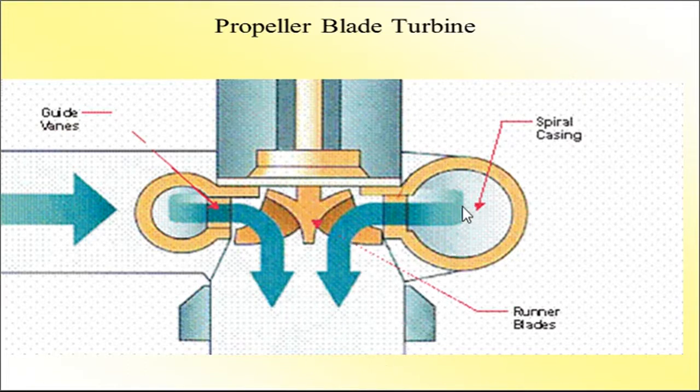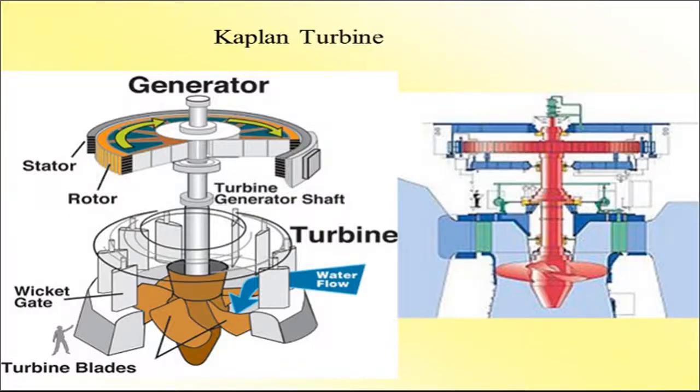So this is a casing, then guide vanes, and then it will flow through the runner. When we discuss the reaction turbines, that is Francis and propeller, at that time we will discuss in detail. This is the Kaplan turbine. Here you see, first of all water will flow through the casing, then from casing to the guide vanes, and then from guide vanes to the runner. So it is flowing in axial direction.